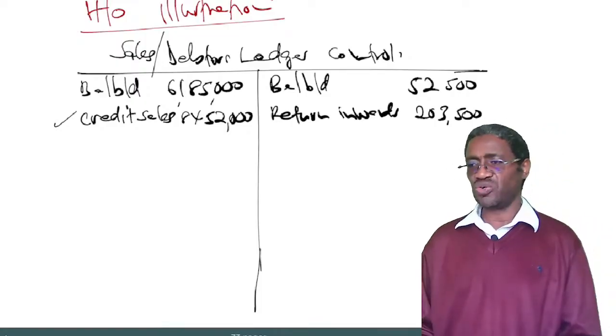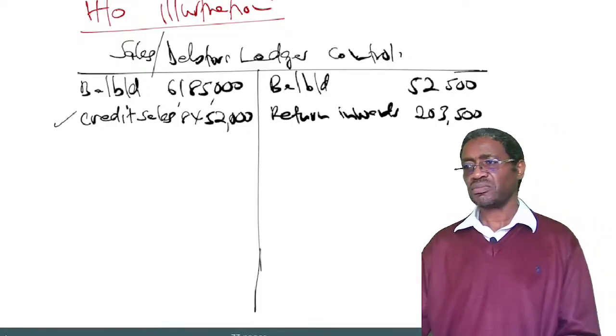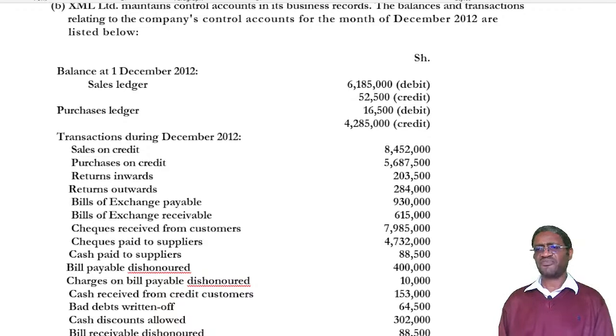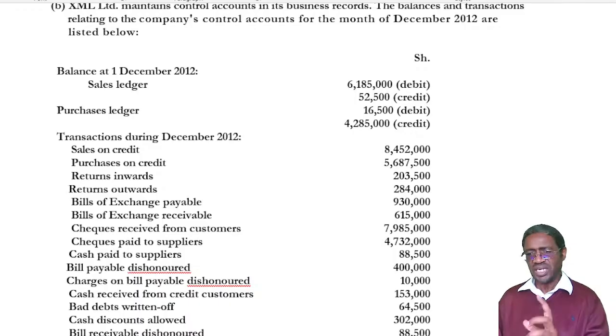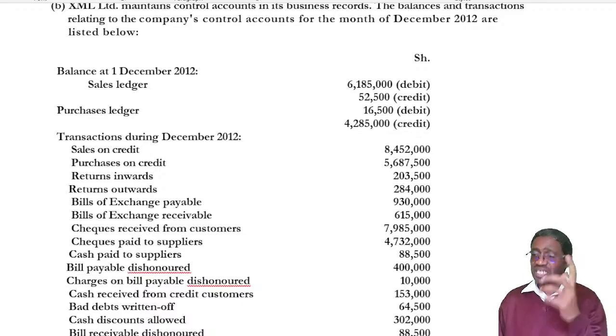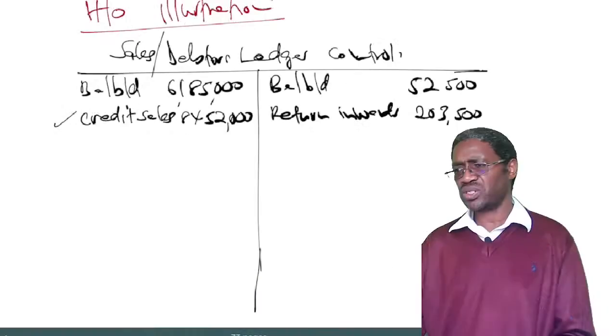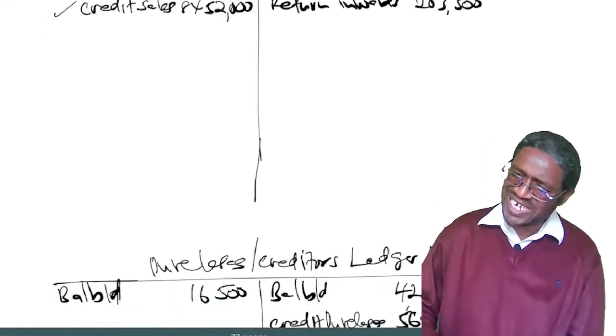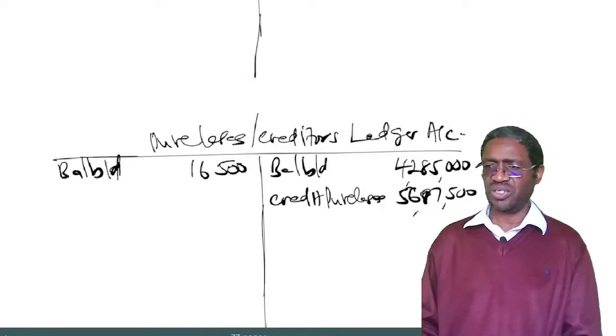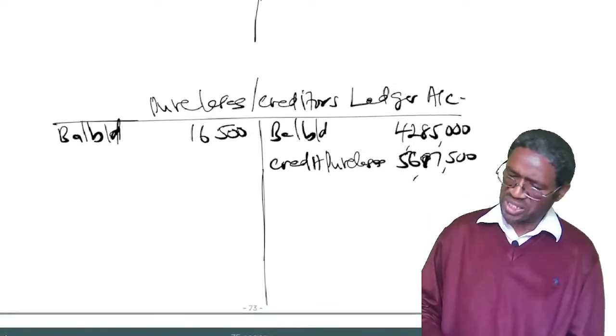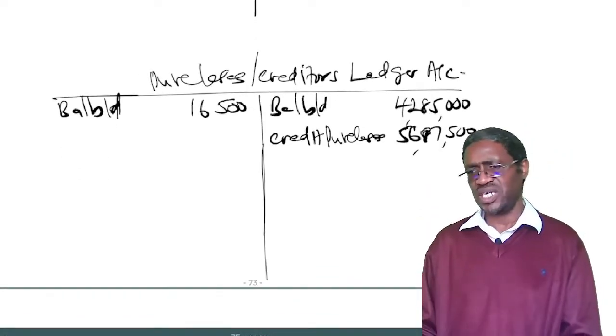After that, we go to the next one. After return inwards, we have return outwards. Here is a supplier we bought goods from. Now we are returning out those goods. When we purchase these goods on credit, we credited creditors.